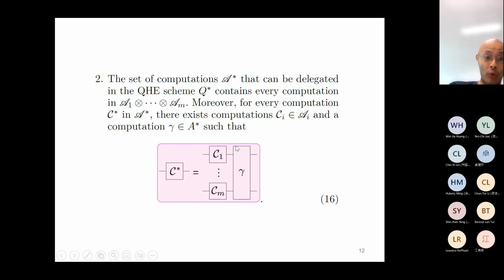So we require that the set of computations can have some entangling operation here, which makes sense. So this is just a natural definition. Oh, I realized I forgot the math script here.